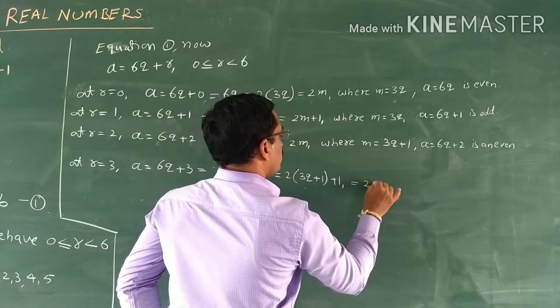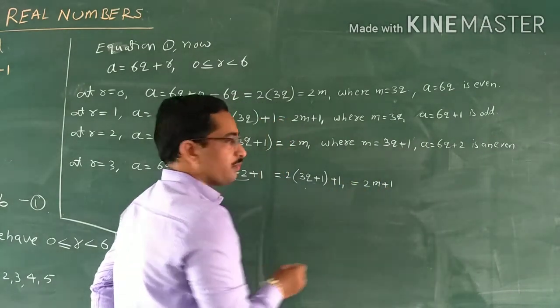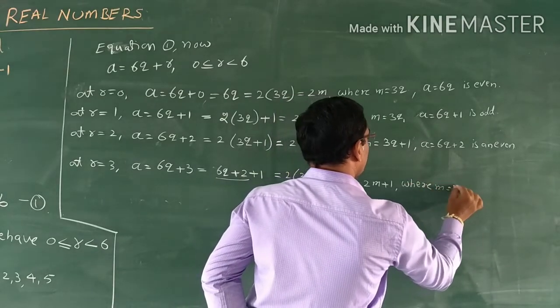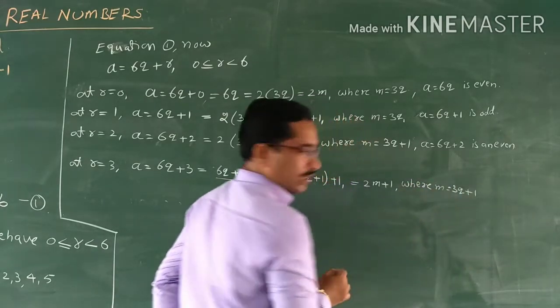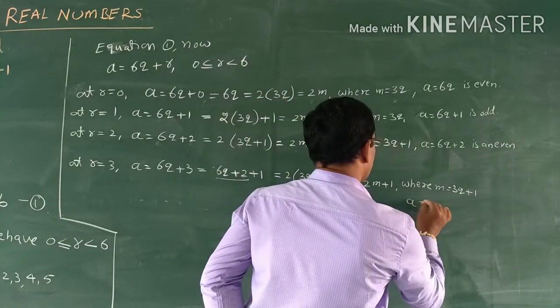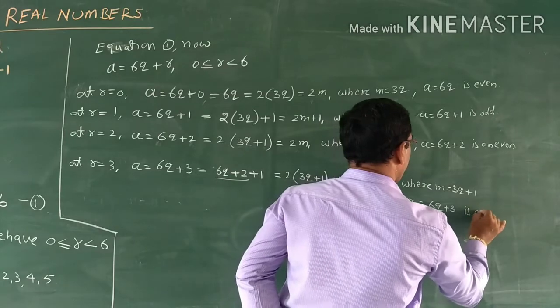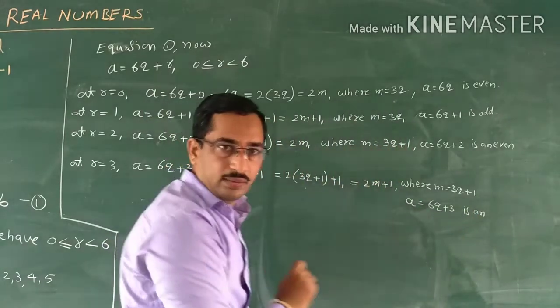It is equal to 2m plus 1, where same m equal to 3q plus 1. So a equal to 6q plus 3 is an odd number.